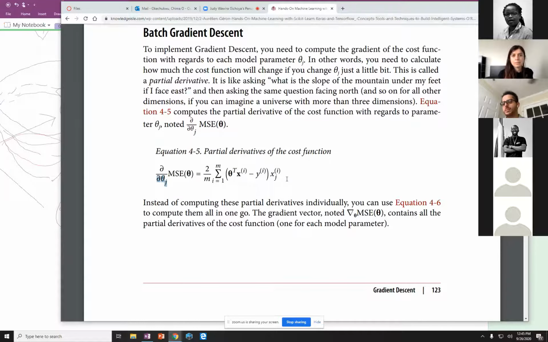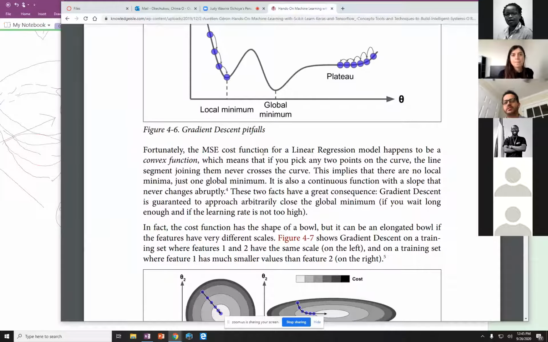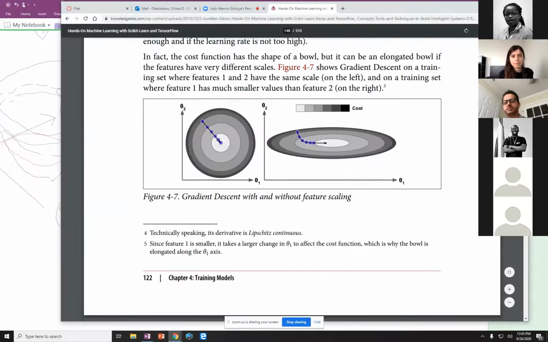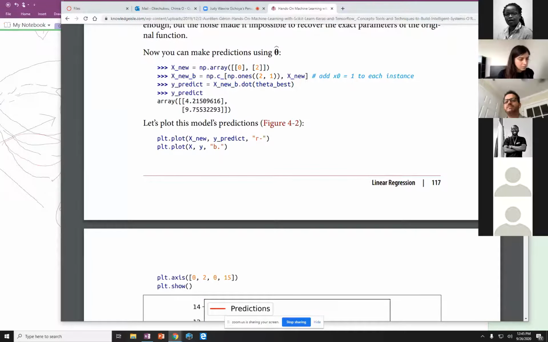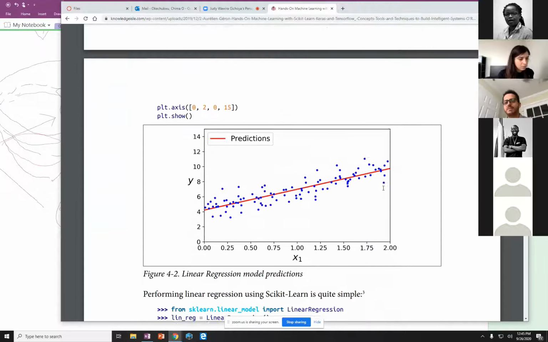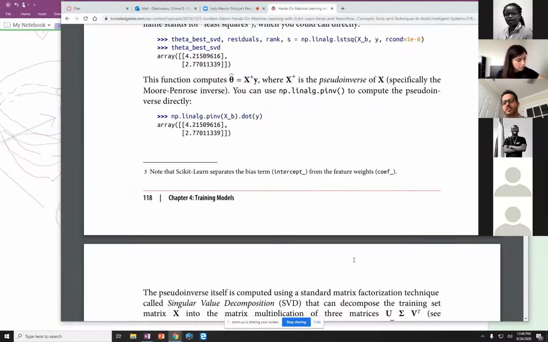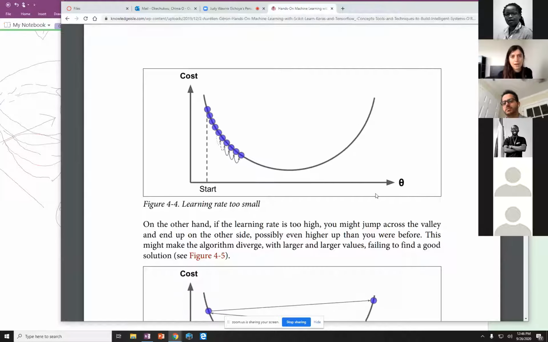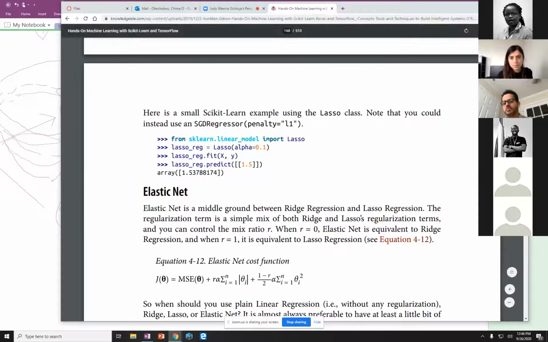And this math is pretty much, if you understand how to do derivatives of the original MSE cost function, relatively simple. It's going to be 1 over m, sigma of y hat minus y to the power of 2.